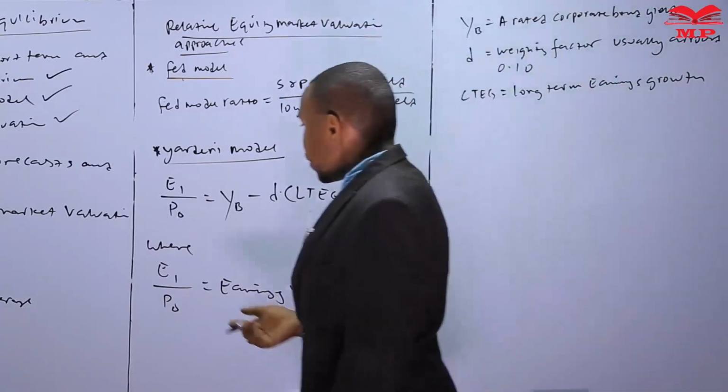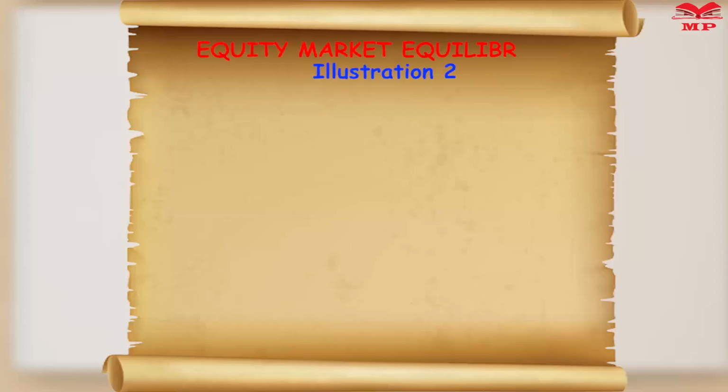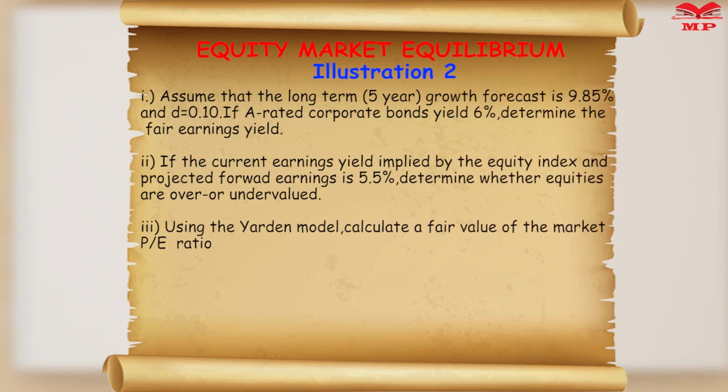Let's look at an example that can estimate the earnings yield, or also the price component. Assume the long-term 5-year growth forecast is 9.85% and D is 0.1. If the A-rated corporate bond yields 6%, determine the fair earnings yield.